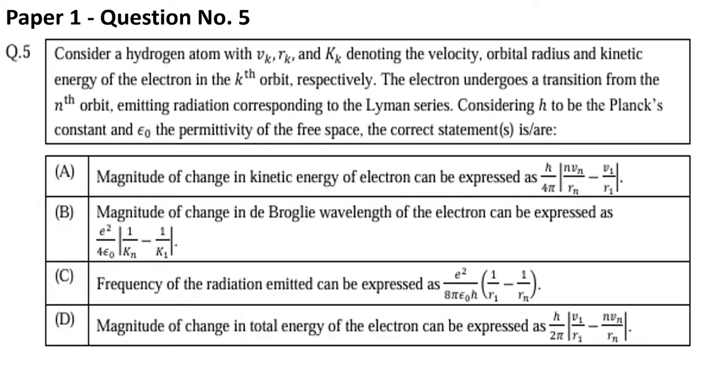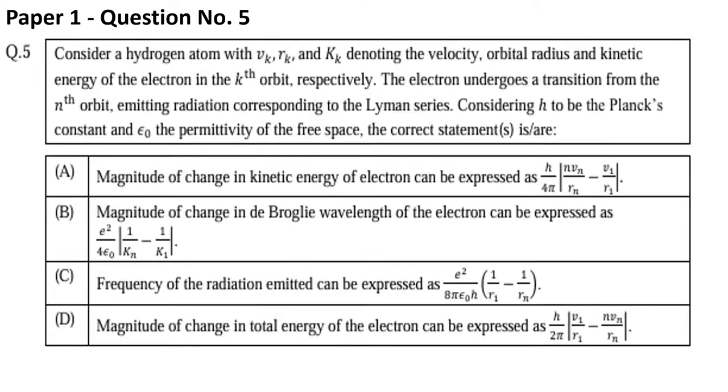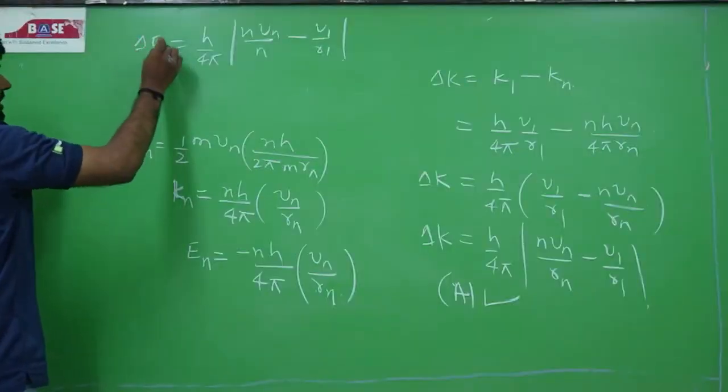You can see that for the change in total energy, the fourth option, option D, we have h by 4 pi times (nvn by rn minus v1 by r1). This would be the change happening to the total energy.